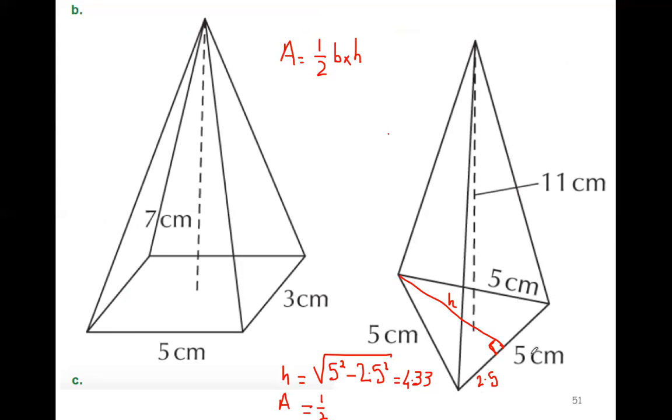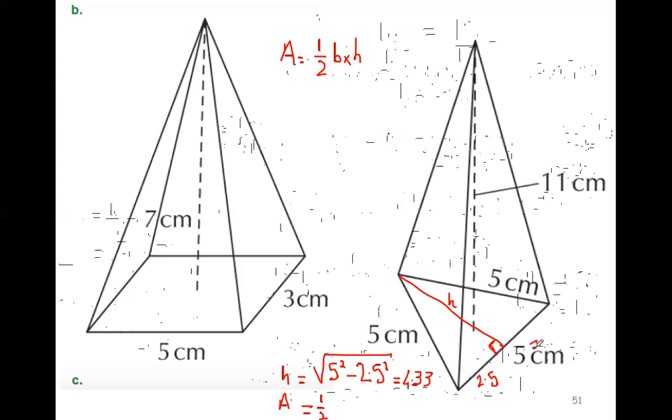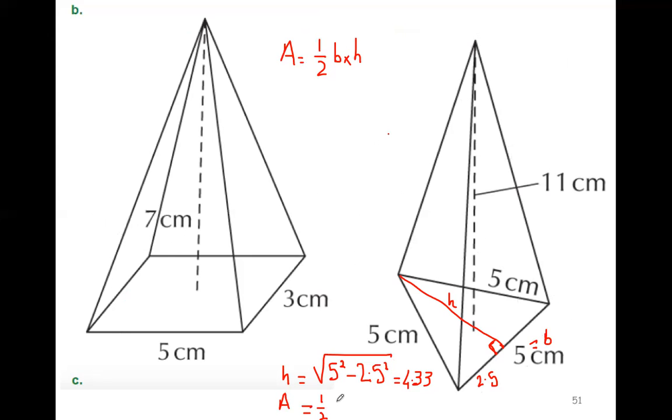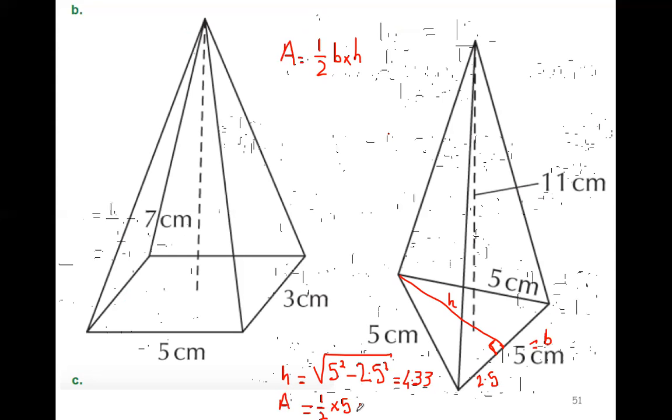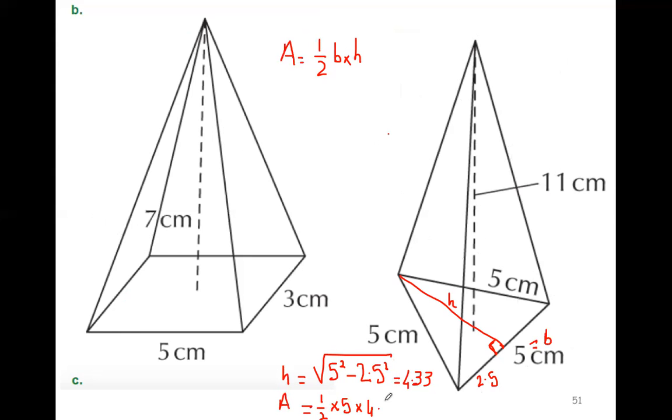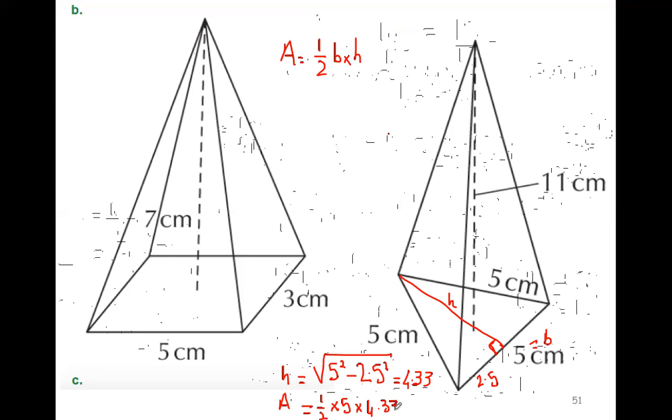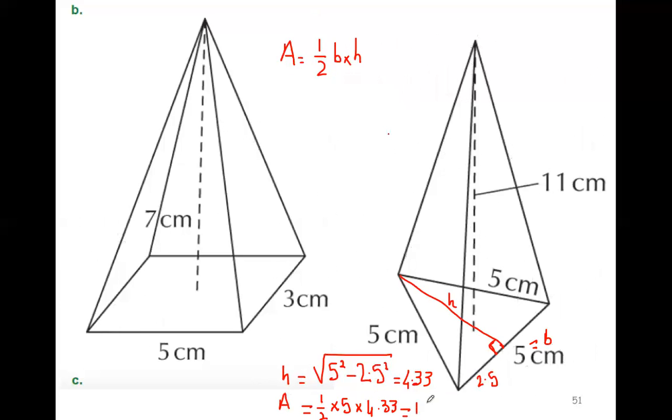This is the base here, b, 5 centimeters, so that everyone sees it. Half of 5 times 4.33, and I found my area, 10.825 centimeters squared.